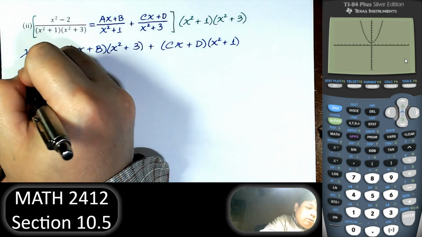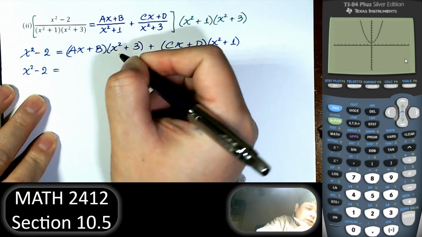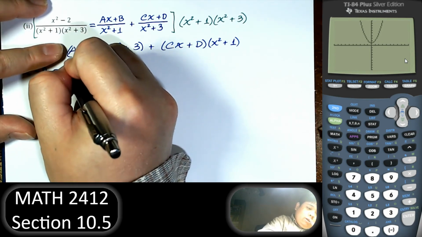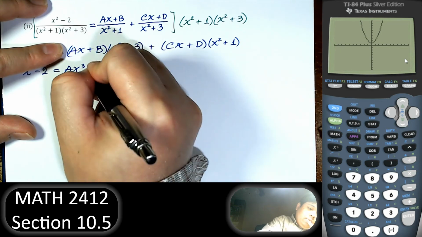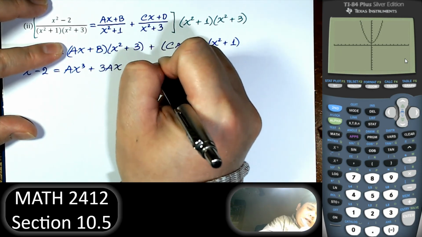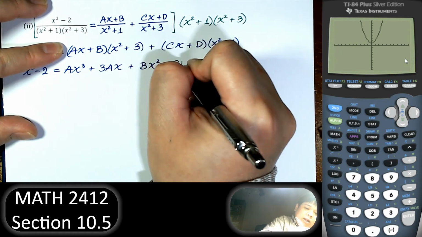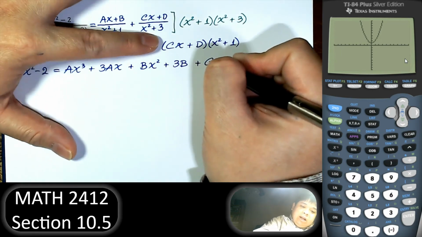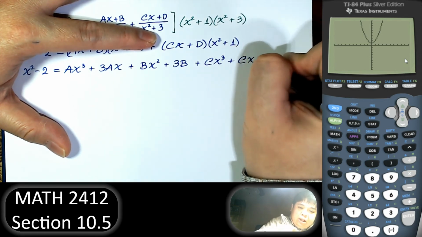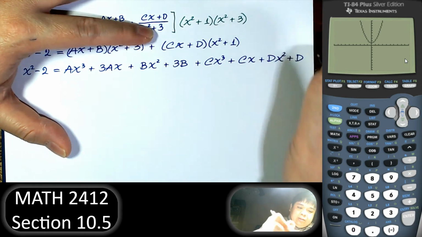Now we just multiply it out. ax cubed plus 3ax, bx squared, 3b, and then cx cubed, cx plus dx squared and d.